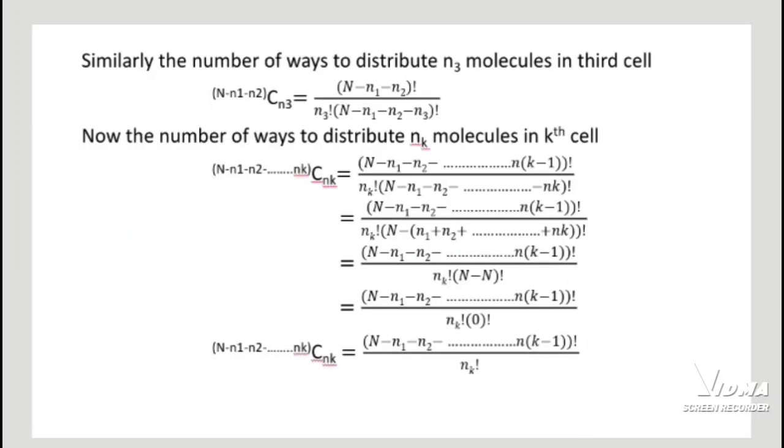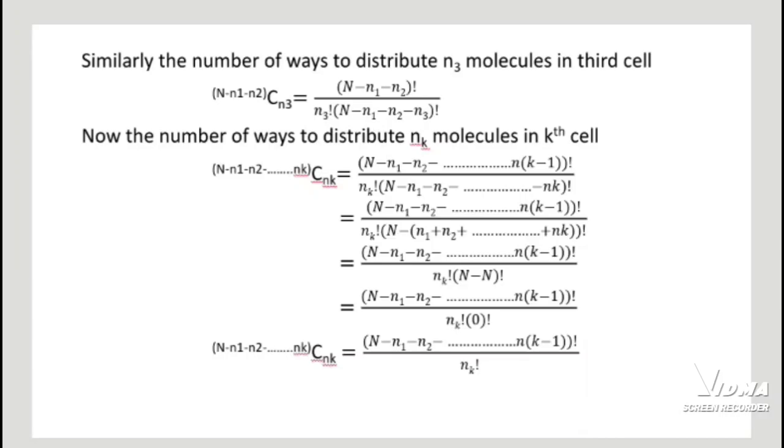Now the number of ways to distribute Nk molecules in the K-th cell, that is (N minus N1 minus N2 and so on up to N(k-1)) C Nk, is equal to (N minus N1 minus N2 minus N3 and so on up to N(k-1)) factorial divided by Nk factorial into (N minus N1 minus N2 and so on up to Nk) factorial.